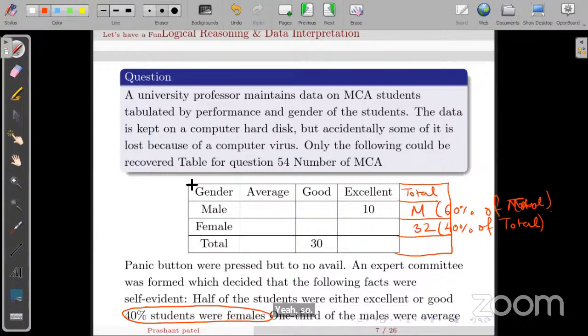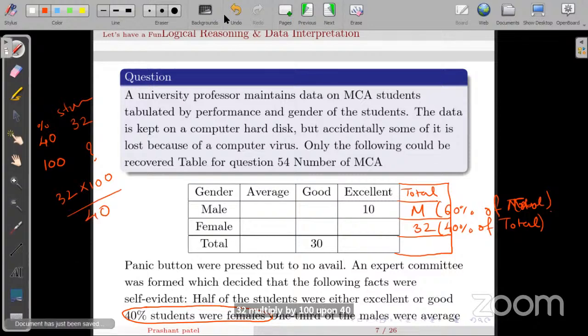Yes, Naivediti has already told the total number of male students also. Let us try to see this. So 40%, how much is 100%, that we need to calculate. So we have been given that 40% is 32. This is percentage and students. So it is 32 multiplied by 100 upon 40.